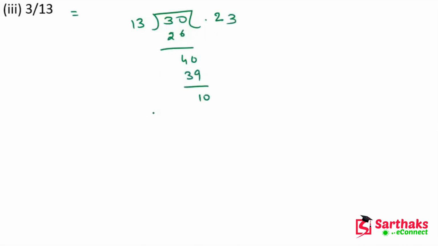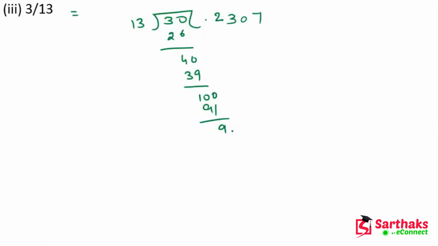So now the next question is 3 upon 13. Here is 3 and here is 13. Now take the 0, so 13 twos are 26, so we get 4. Here is 0. 13 threes are 39, so we have 1 0. Now we have to take again 0. 13 sevens are 91, so we get 9.